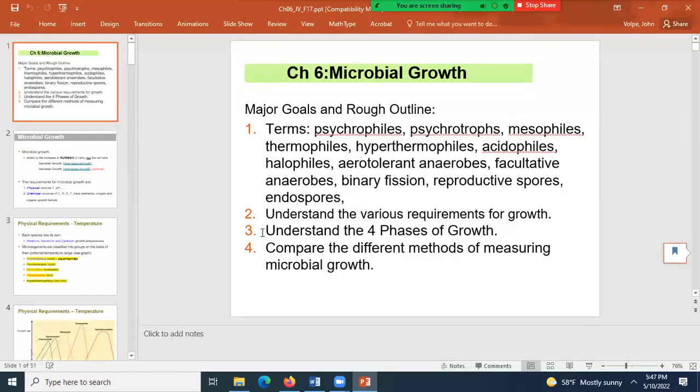Chapter 6 is discussing microbial growth. Of course, know the terms, understand the various growth requirements, understand that growth goes through 4 phases of growth, and be able to compare the different methods for measuring microbial growth.